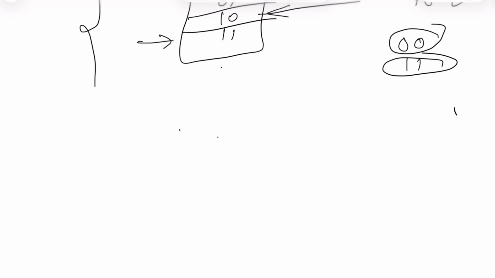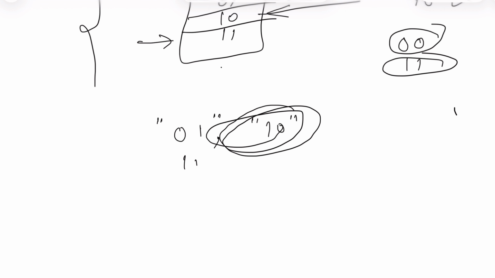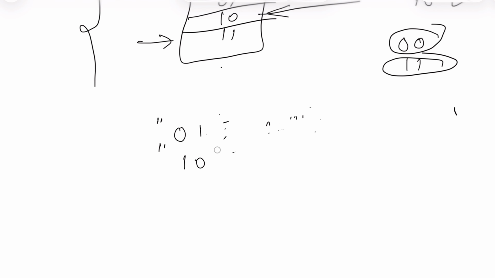The very first string was given as 0 1, and so now it will look like this.